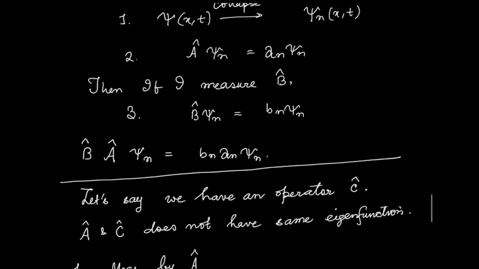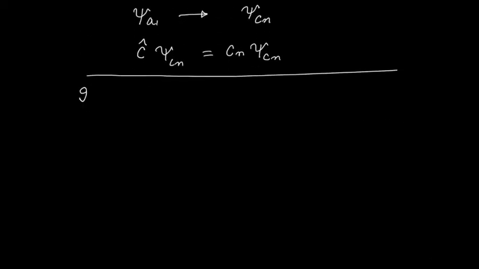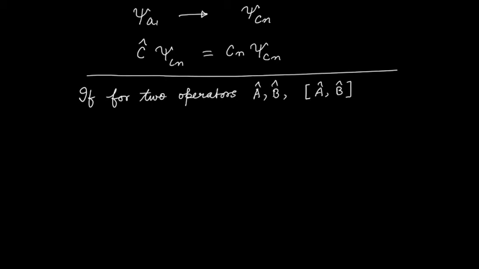Which means essentially, let me write this statement and let me ask you to think about it. If for two operators A and B, their commutator, as we discussed last time, which essentially when it operates on a wave function psi, it means first you try with B first and then A, and then you try with A first and then B, and see what is the difference between these two.